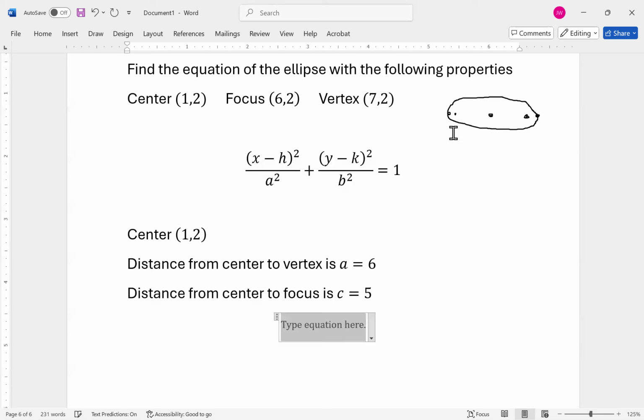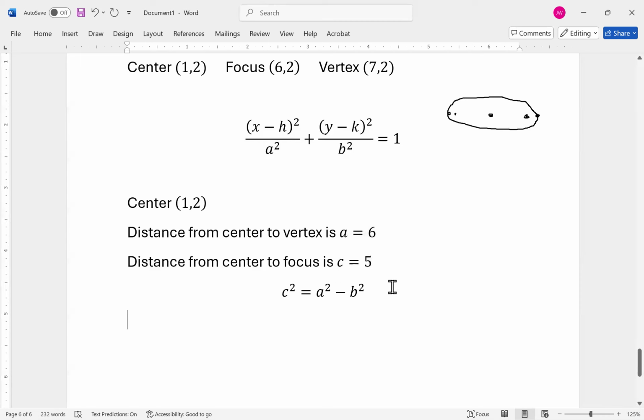I also know that there's this relationship that says in an ellipse, C squared is equal to A squared minus B squared. Since I have A and C, I can use those two values to find B. C squared is going to be 25.